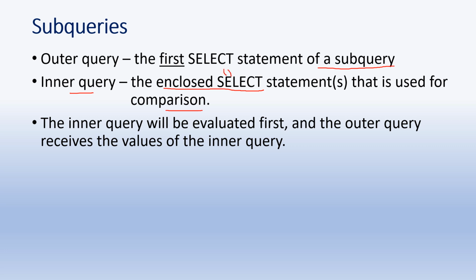The inner query will be evaluated first, and the outer query receives the value of the inner query. So anything inside this inner query will be executed first, and then the second one will be the outer query.